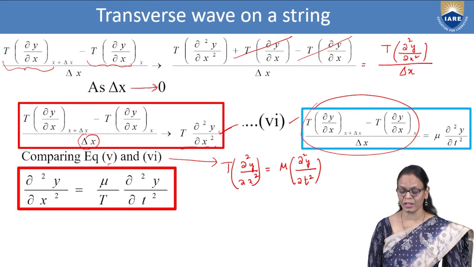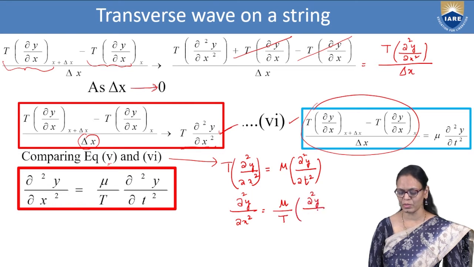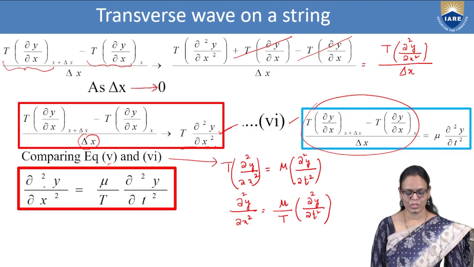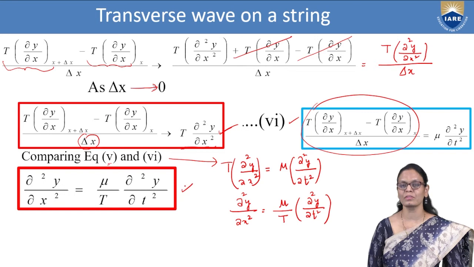Now I can rearrange the terms because I want to write what ∂²y/∂x² is. So on transposing, T comes to the denominator: μ by T ∂²y/∂t². So ∂²y/∂x² is equal to μ by T ∂²y/∂t².